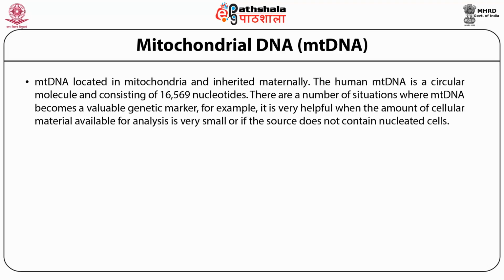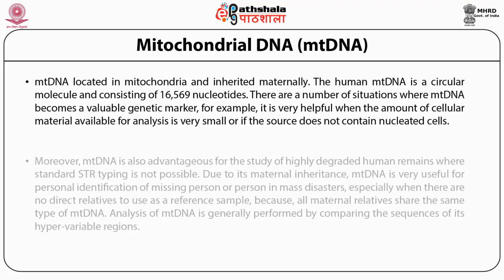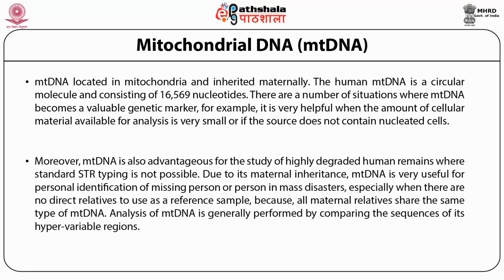For example, it is very helpful when the amount of cellular material available for analysis is very small, or if the source does not contain nucleated cells. Moreover, mitochondrial DNA is also advantageous for the study of highly degraded human remains where standard STR typing is not possible.